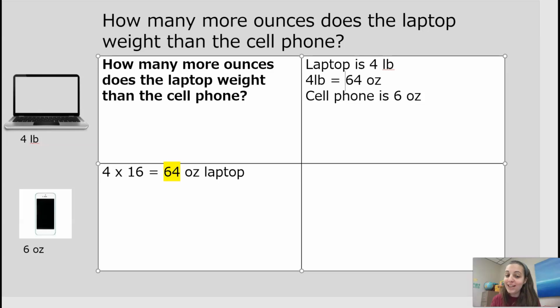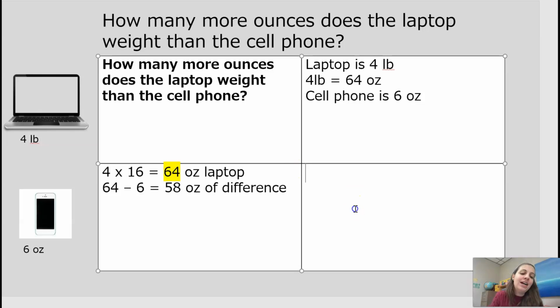To know the difference, we have to do subtraction. So I'm gonna do another operation. It's gonna be 64, that is the laptop. I'm gonna subtract 6, that is the cell phone, and I'm gonna have 58 ounces of difference.